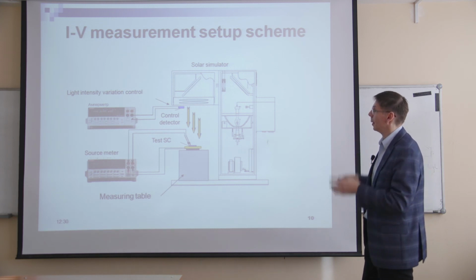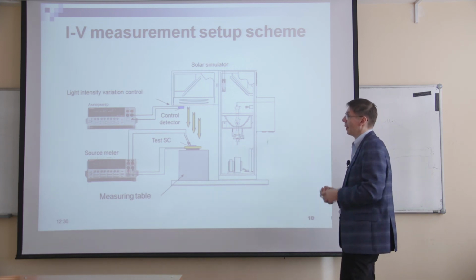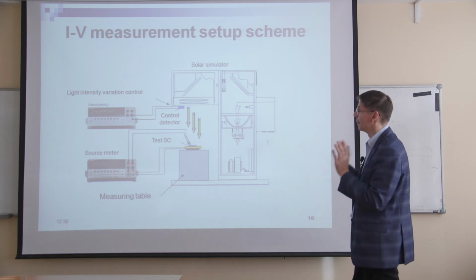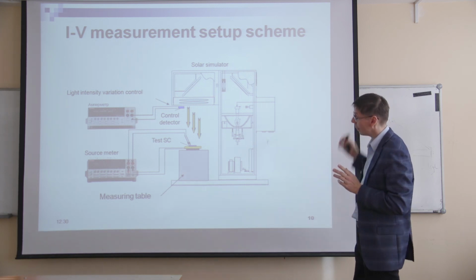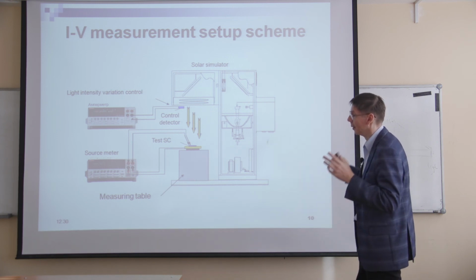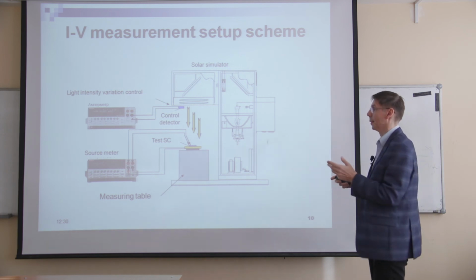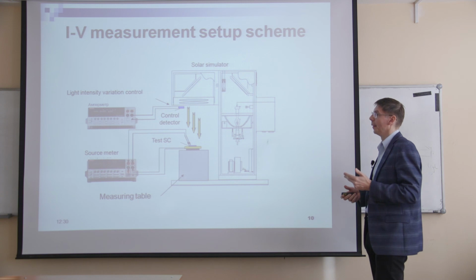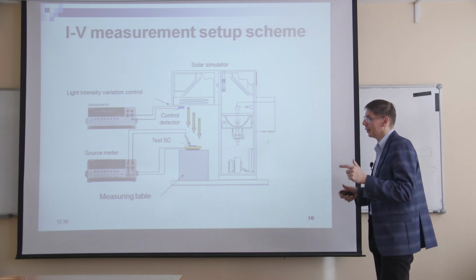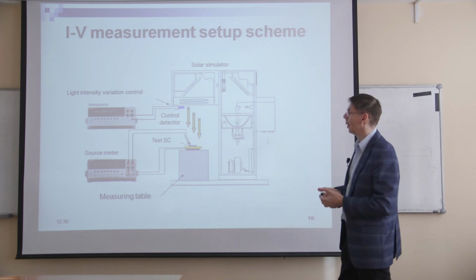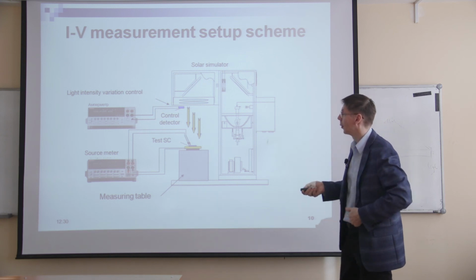Here is a design of the whole measurement system. We have a solar simulator, it's clear, with the required spectrum. We have a measuring table which provides the electrical contact, the temperature, and vacuum clamping to get better electrical and thermal contact.